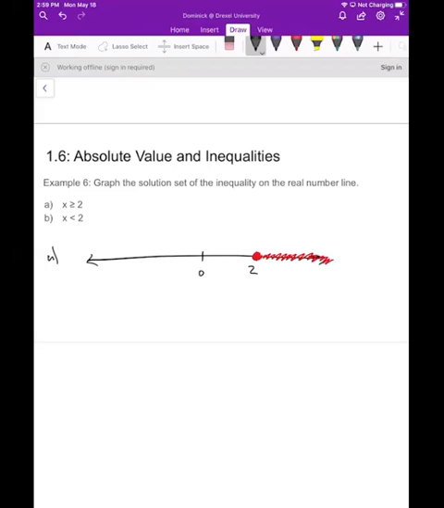All right, for part B, we have 0 and 2 again. Only this time, since we don't have the equal sign, we have an open circle. And since I want numbers that are less than 2, I'm going to shade this side. All right, so those are just a couple more examples.